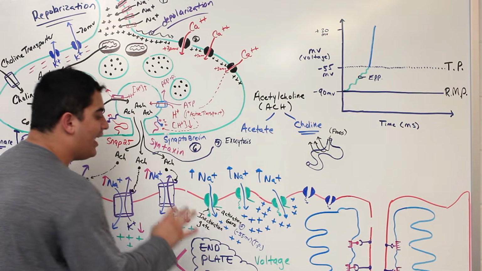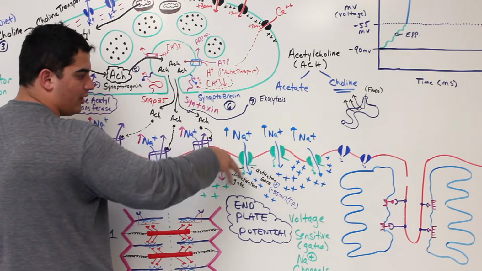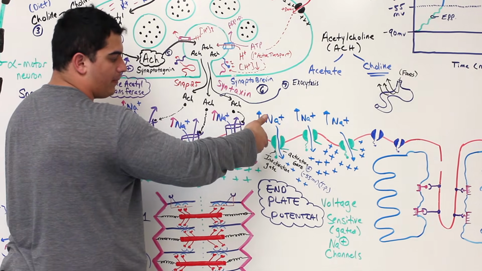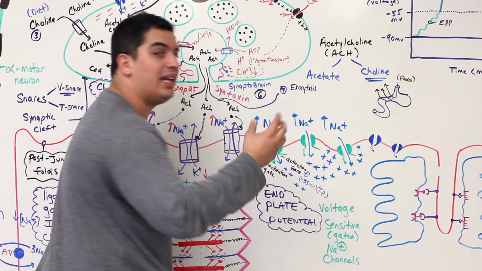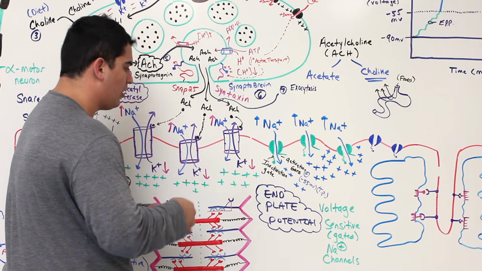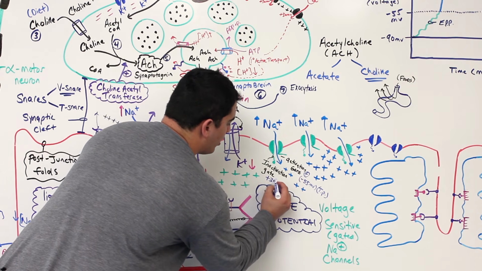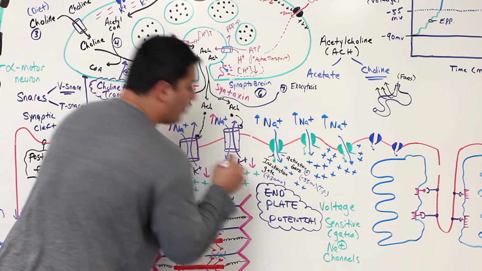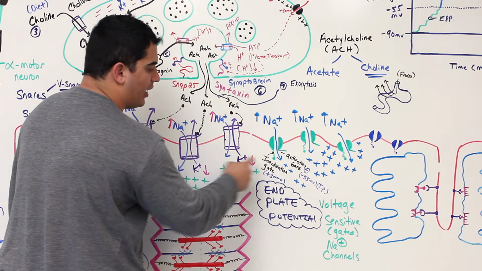Now we have to talk about the inactivation gate. Generally the inactivation gate just has that little ball hanging over here. But once you reach the peak potential, what was that potential? The peak depolarizing potential, approximately positive 30 millivolts. Once you reach that depolarizing point, what happens to this inactivation gate?